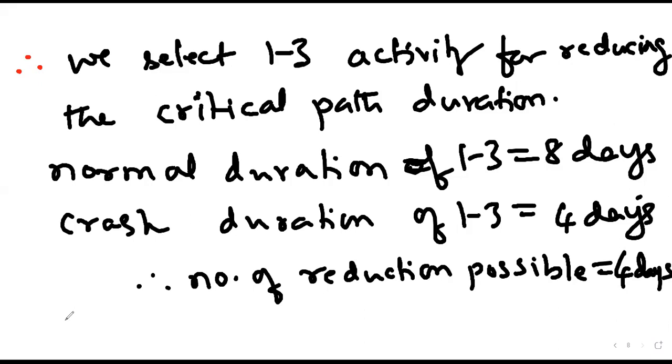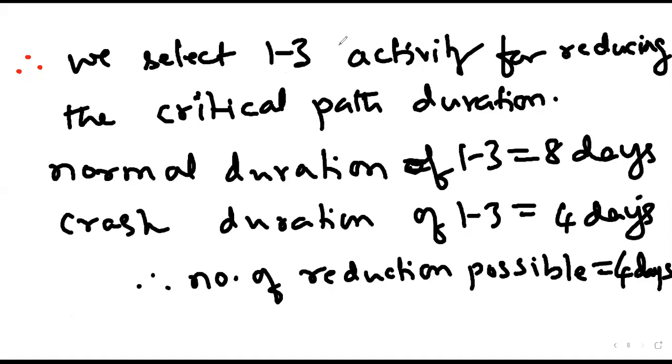Now, if you reduce 1-3 by 4 days, what will be the path duration now? 16. Correct. So now the path duration will be 16 days. Consequently, this path will become non-critical. Alright. So that should not happen.